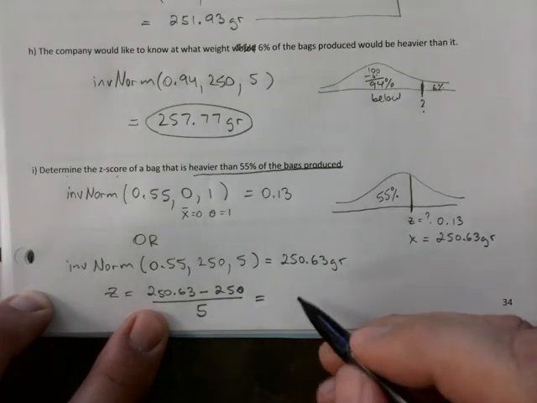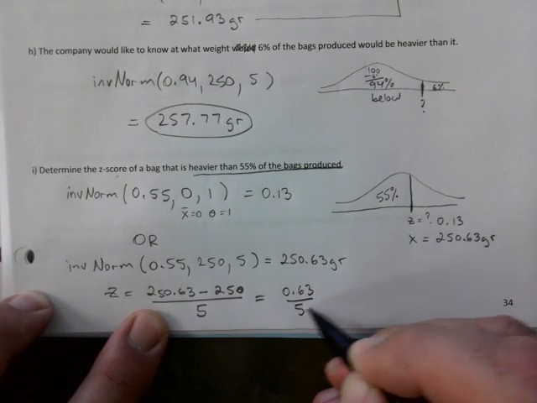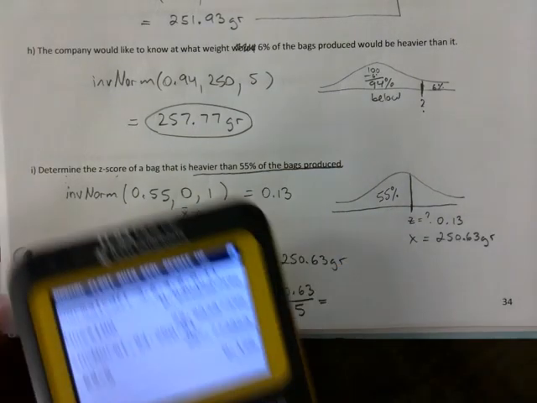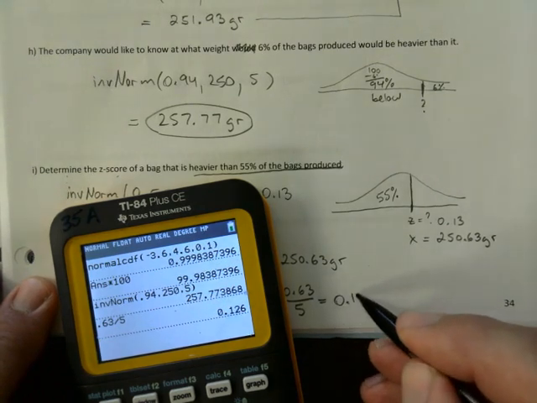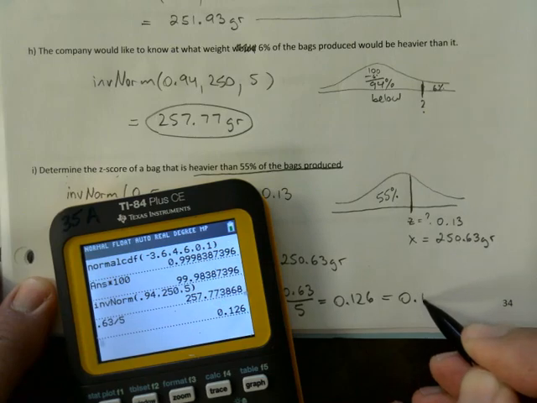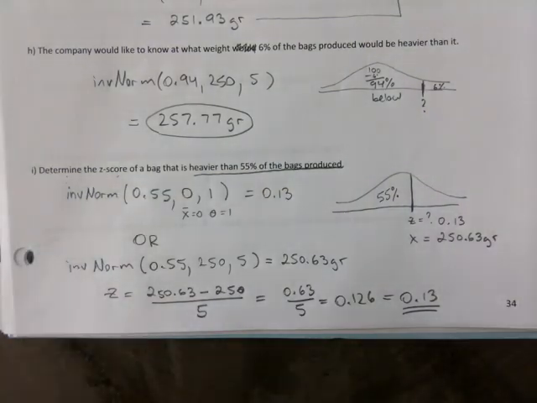So that would be 0.63 divided by 5, which is 0.126, which rounded is 0.13.